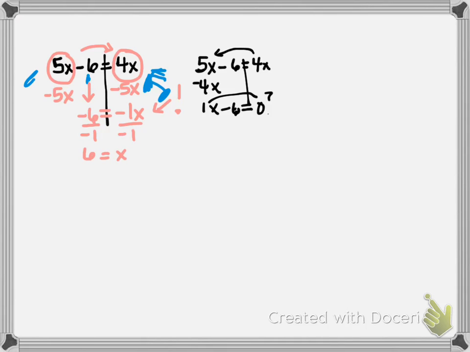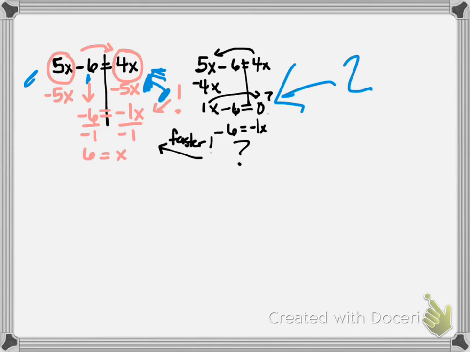So then I'm going to have to move somebody back across. And you can see that I was where I was already. It's just that the one move was faster than this one. This is 2 moves. Here I just had the 1 move right there. So just pay attention to that.